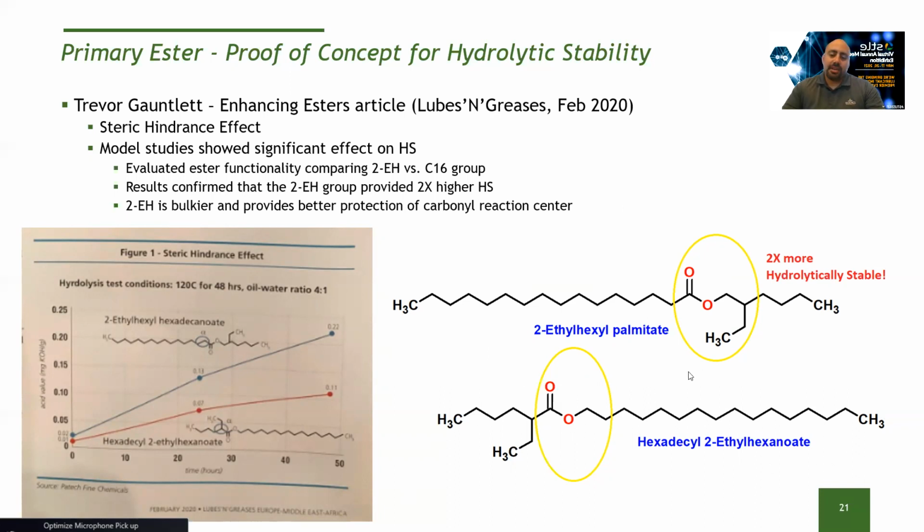And it's due to sterics. This alpha group is providing more bulkiness, more steric hindrance, protecting this carbonyl from being attacked. So they resist hydrolysis two times more than this molecule. Very interesting.